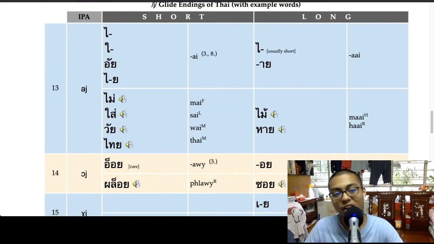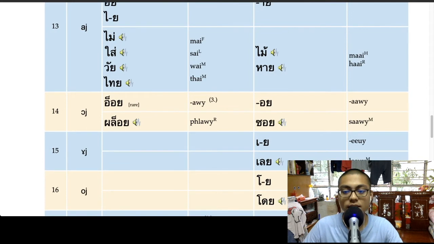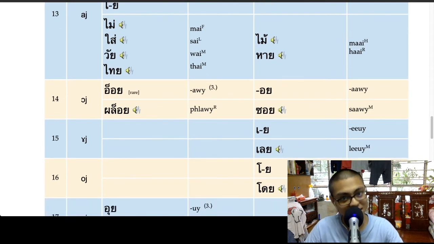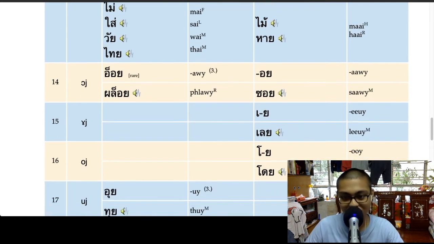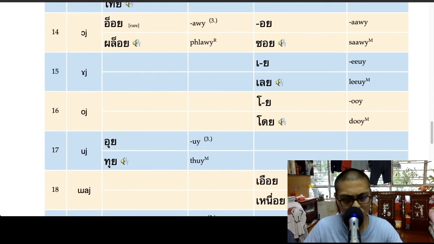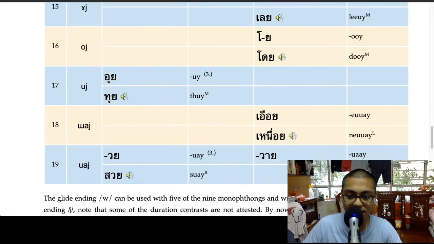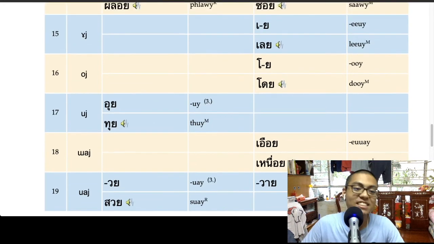Sala and then more. We have more. Sala I, sala oi, and so on, then 16, 17, 18.